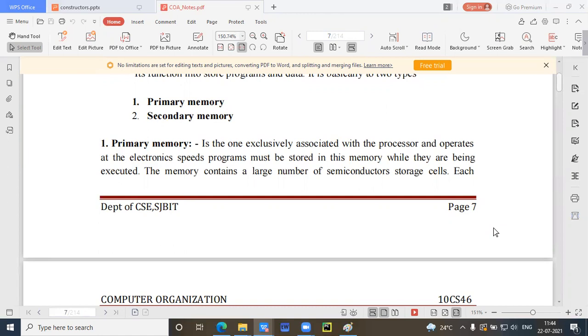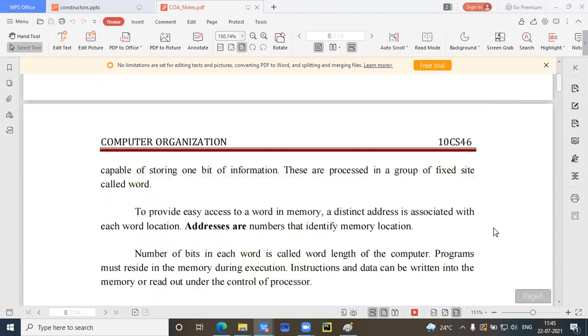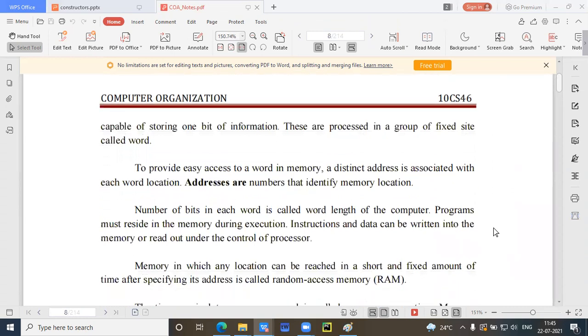Primary memory is the one exclusively associated with the processor and operates at electronic speed. Programs must be stored in this memory while they are being executed. The memory contains a large number of semiconductor storage cells. Each is capable of storing 1 bit of information.